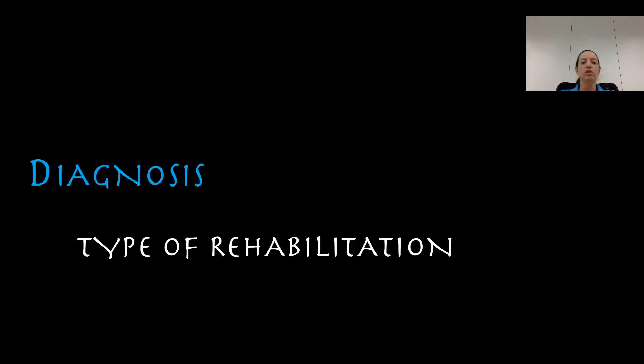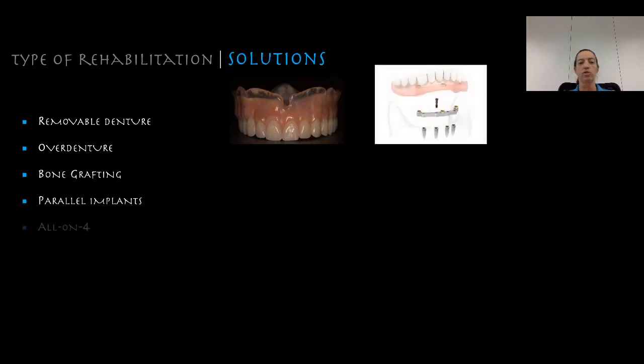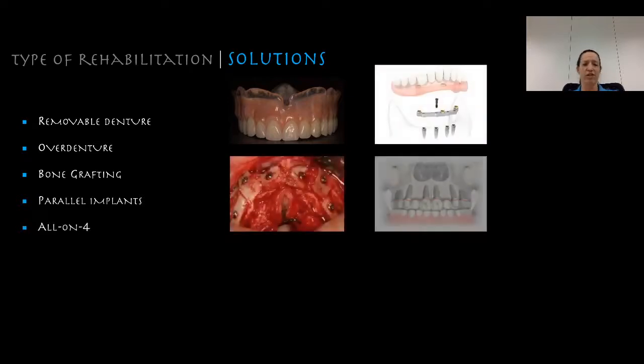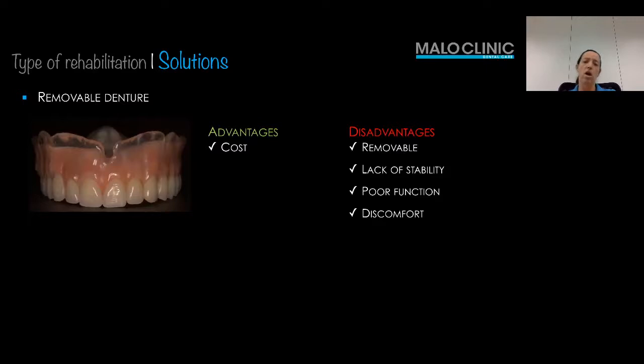When we come to the diagnosis and the type of rehabilitation, when we talk about a total edentulous patient, we know that we can of course use removable denture, overdenture, bone grafting, parallel implants, and the All-on-4 solution. All of them have advantages and disadvantages.